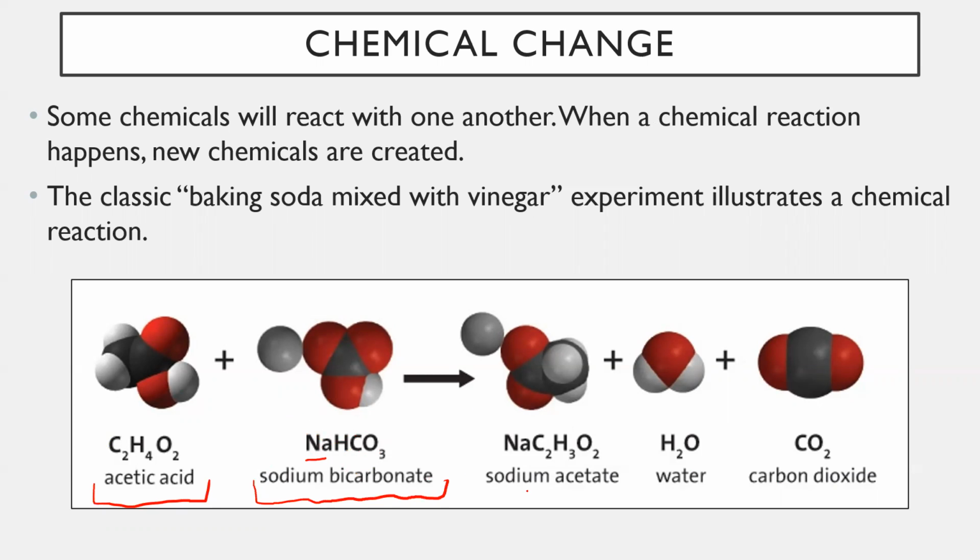Those 2 things, when mixed together, will react, that's what this arrow is all about, to form something called sodium acetate. I always like the formula for sodium acetate because it looks like it says nacho. Anyway, and then it also forms water, and it forms a gas known as carbon dioxide. That's a chemical reaction. There are many different kinds of chemical reactions we'll look at. This is just the first one. Again, we'll get into that later.